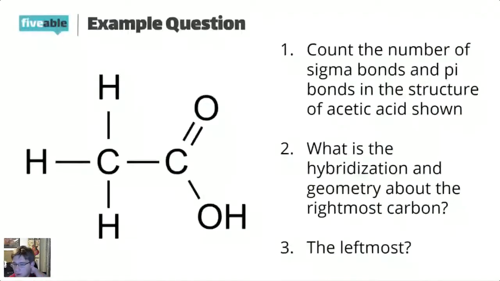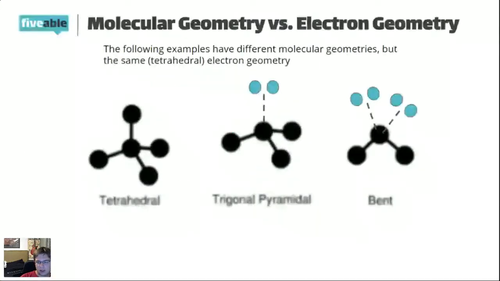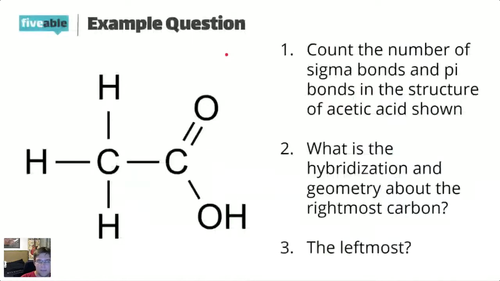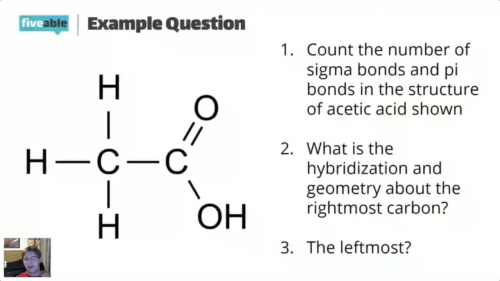I don't really know what you're referring to, especially with hybridization. Are you referring to something that I went over regarding electron geometry? Okay, I don't really understand what exactly it is that you're asking about.